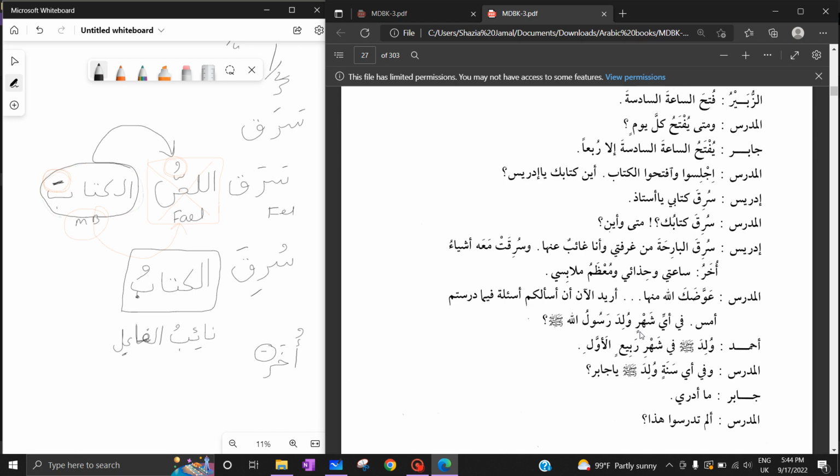Shahrin gets a kasratain because it is mudaf ilayhi. Fi ayyi shahrin wulida. Wulida comes from walidu, walida, and it is in majhul form.